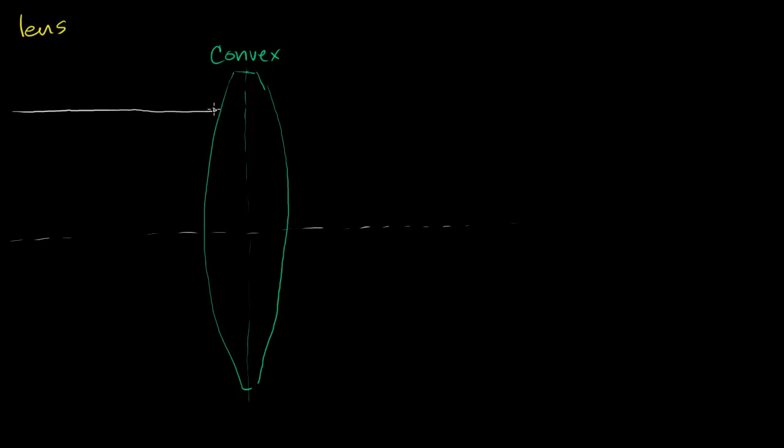But if you imagine light that's going parallel to that, right when it hits this surface over here, remember, the perpendicular at this point is going to look like this, because the lens is actually curved. And remember, it's moving faster on the outside. So the top side of the light, if you imagine the car analogy, is going to be able to stay out of the lens a little bit longer than the bottom side, or the bottom wheels.